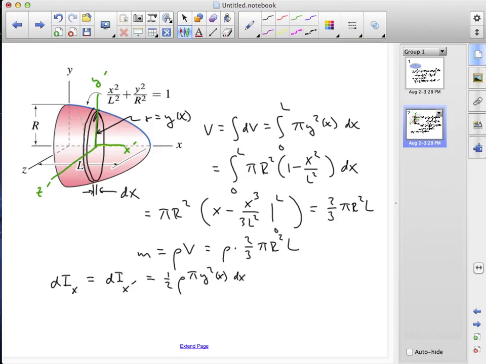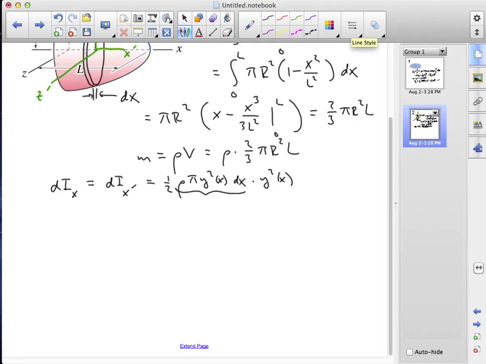There's our differential mass dm, times radius squared, or Ix will be the integral from 0 to L, 1/2 rho times pi y of x raised to the 4th power dx.